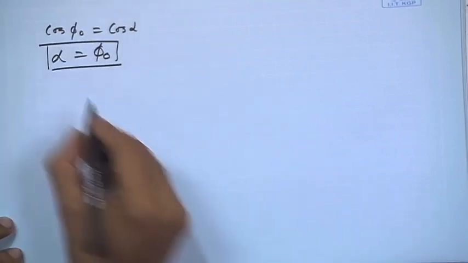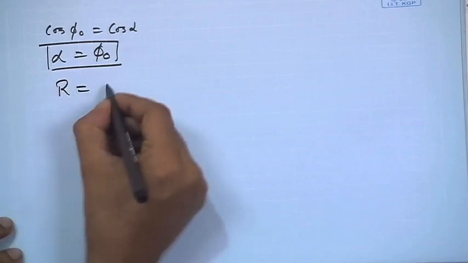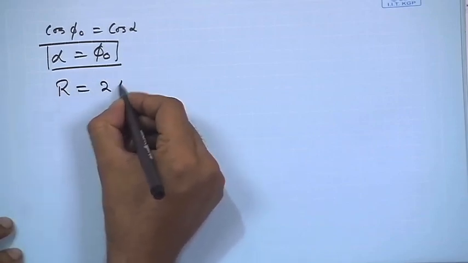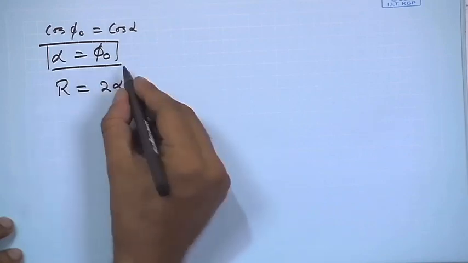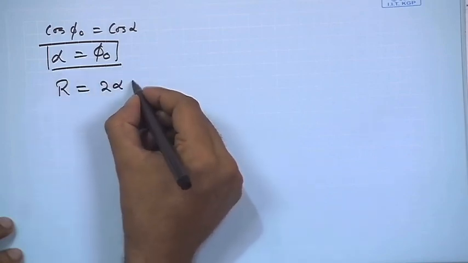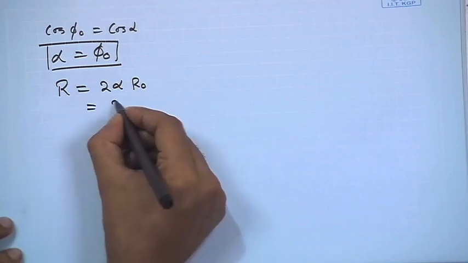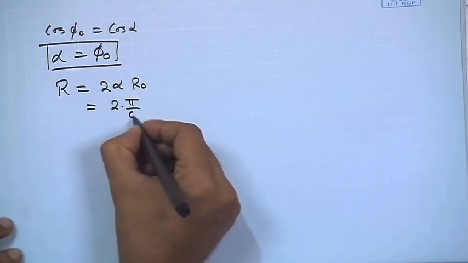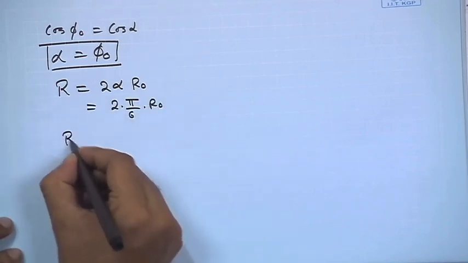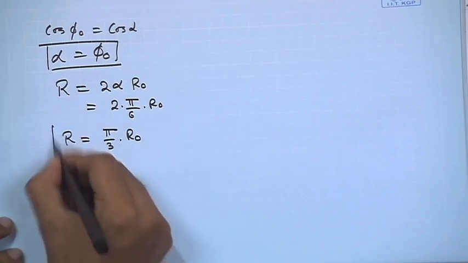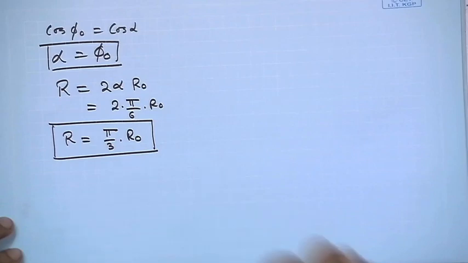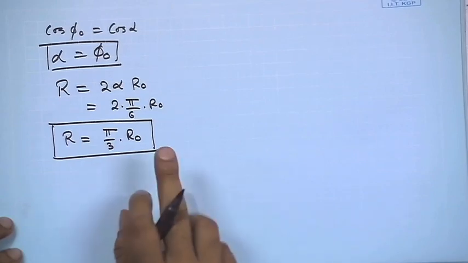So the range, putting phi 0 equal to alpha, is 2 alpha r 0, which is 2 into pi by 6 into r 0. So range R is equal to pi by 3 times r 0. This is the expression for the range of the projectile.